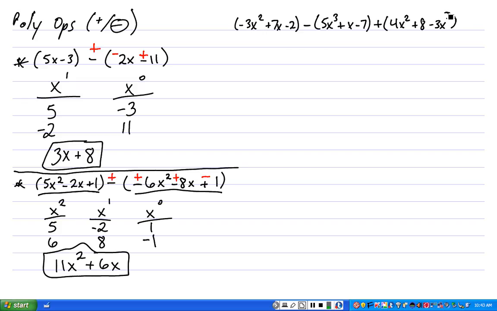Alright, so that's a 3x to the third. There we go. Clean that up a little bit. Alright, so there it is.